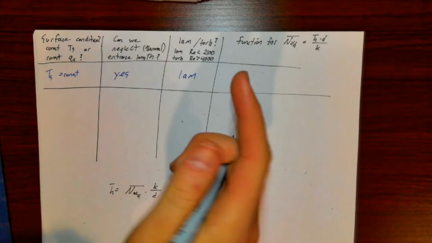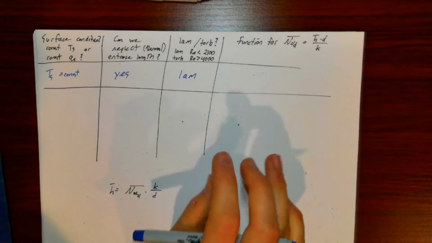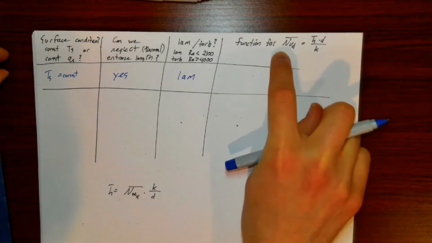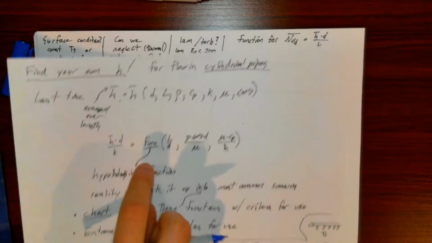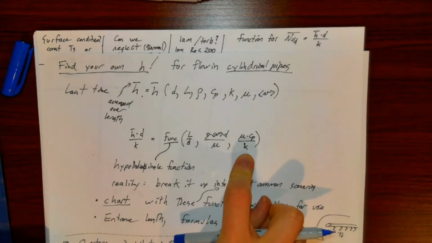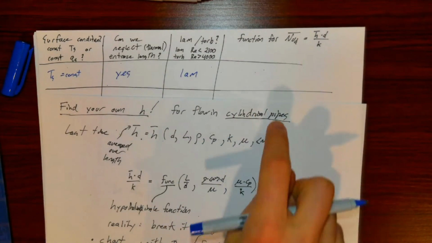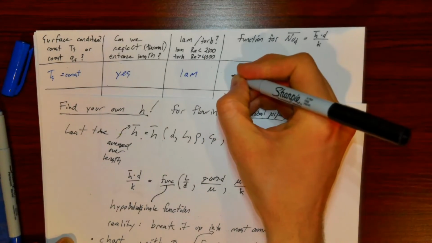This is actually a pretty common scenario in a lot of heat transfer cases. And in this case, instead of having a very messy function for Nusselt number, which could be a function of L over D, Reynolds number, and Prandtl number, it turns out that in this specific scenario it isn't a messy function at all. You ready for it?